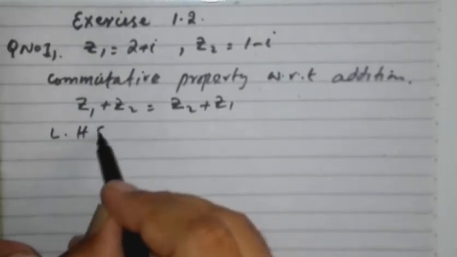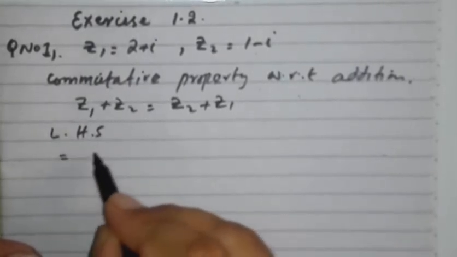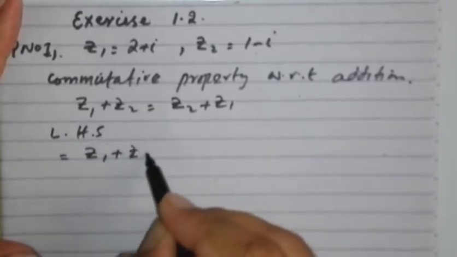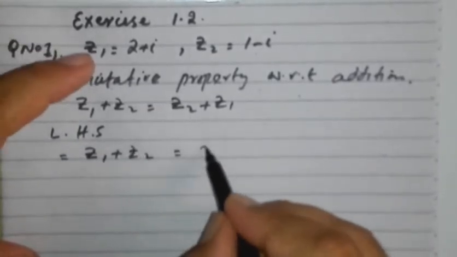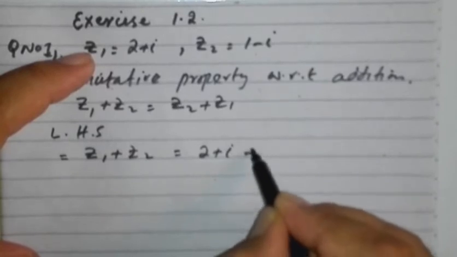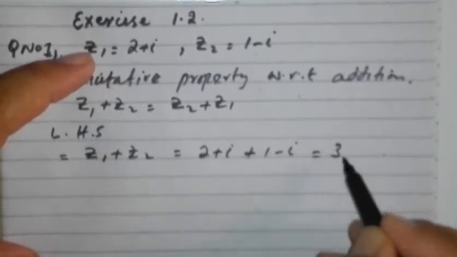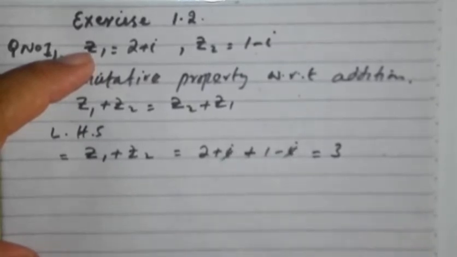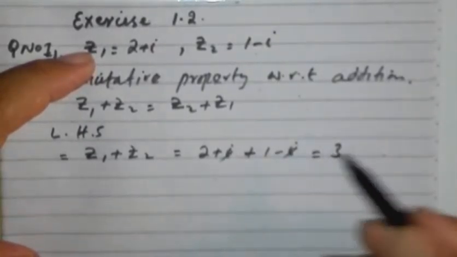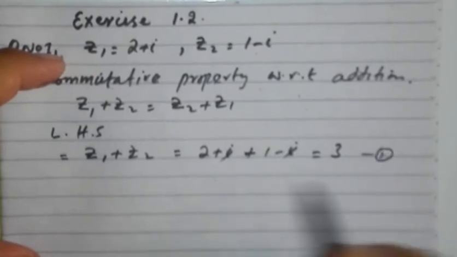Left hand side is equal to Z1 plus Z2, which is equal to 2 plus iota plus 1 minus iota, which is equal to 2 plus 1, 3. Iota cancels with iota. This is 1.